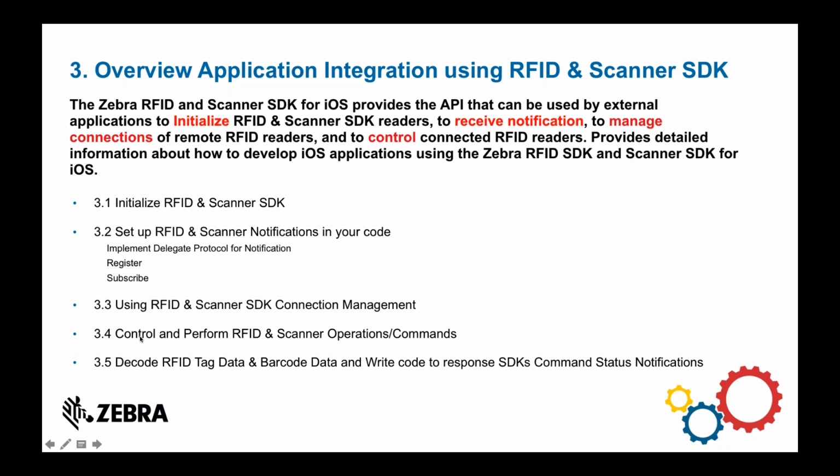And step 4, I will show you how to perform RFID and Scanner operations. For example, I will show you how to do RFID inventory, so you can make an RFID reader read RFID tags. And also I will show you how to send the command for the scanner to start scanning a barcode.